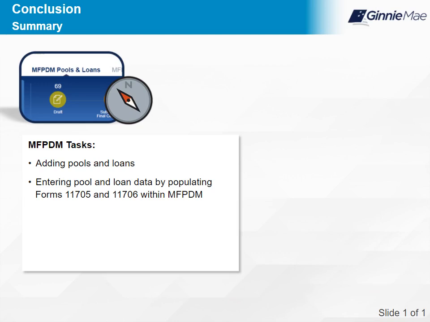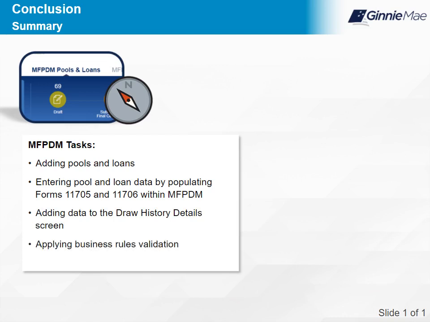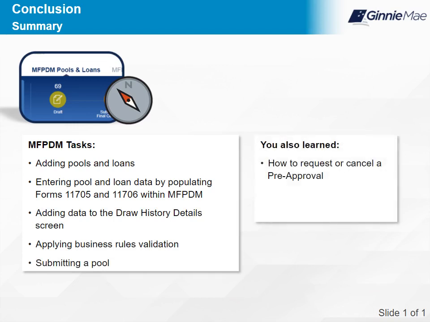Other tasks you learned about included adding data to the Draw History Details screen, applying business rules validation, and submitting a pool. You also learned how to request or cancel a pre-approval, generate forms and reports, and export data.